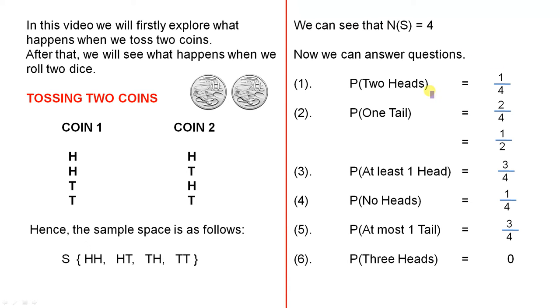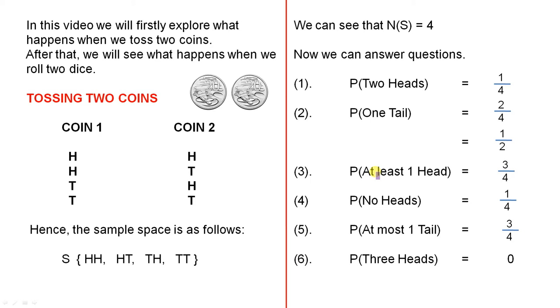When we throw the 2 coins, what is the probability of having 2 heads? That'll be 1 in 4, because on one occasion you've got 2 heads, there are 4 choices, so it's 1 over 4. The probability of 1 tail gives us that and that, so that's 2 over 4. 2 over 4 is a half.